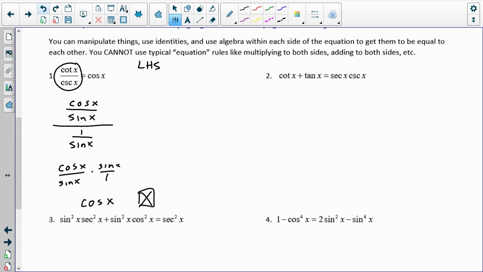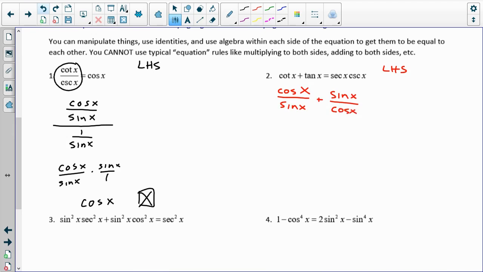Now let's look at problem 2. Manipulating either side might be tough. I will go with the left-hand side. So I'm going to rewrite everything in terms of sine and cosine. So cotangent is cosine divided by sine, and tangent is sine of x over cosine of x.